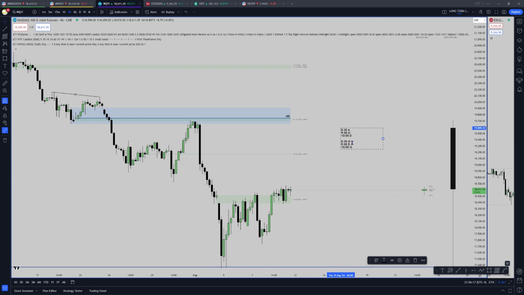So this all depends on whether or not your draw on liquidity was met. Yeah, the times are in EST.